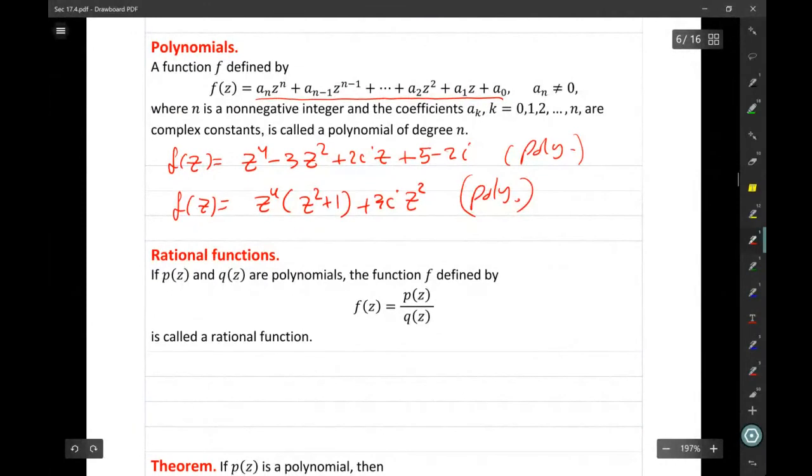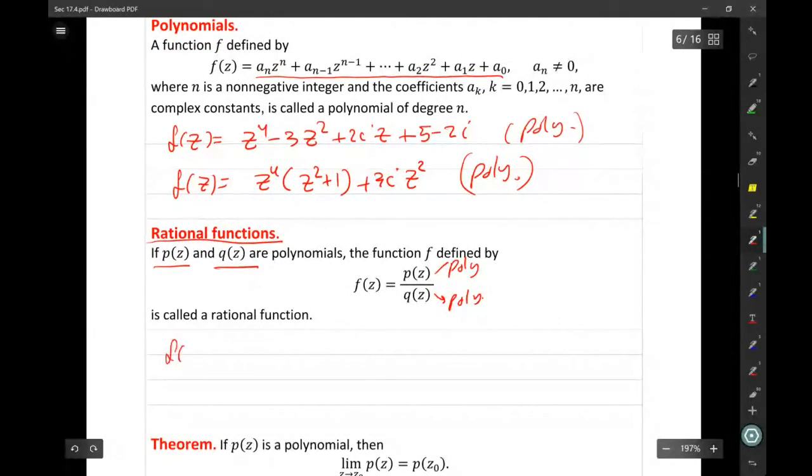Now, what is the meaning of a rational function in complex analysis? A rational function in complex analysis has the same definition as a rational function in calculus. It is a polynomial divided by a polynomial, so it is called a rational function. For example, f of z equal to z squared plus 1 divided by z cubed minus 1 is a rational function of complex numbers.